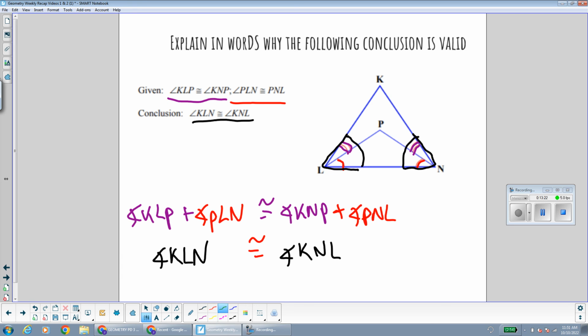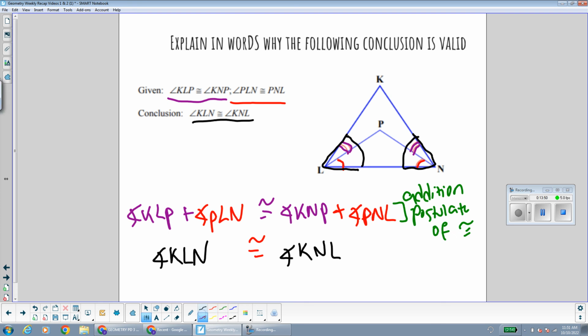So what we used here to combine the smaller angles to get the bigger angles is called the addition postulate of congruence. And we use the addition postulate when we have given information that is smaller than what we want to end up with. So we need to combine the parts together to make the whole thing, to make something bigger.